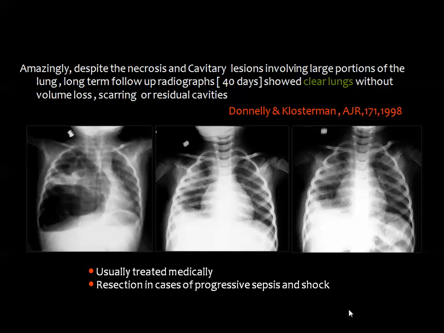This is very important to know, since whenever you are confronted by a case like this with a patient developing pneumonia and rapidly developing cavities inside the pneumonia, some of these patients were subjected to pneumonectomy, since the clinician suspected that this lung is a totally destroyed lung.